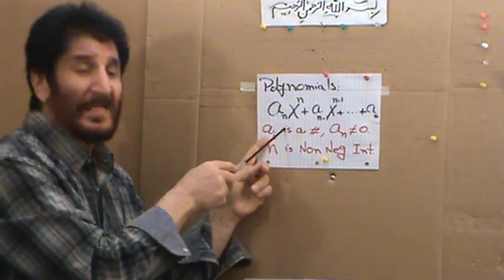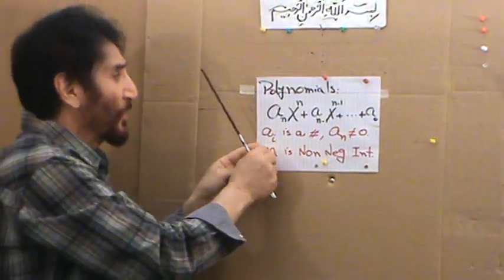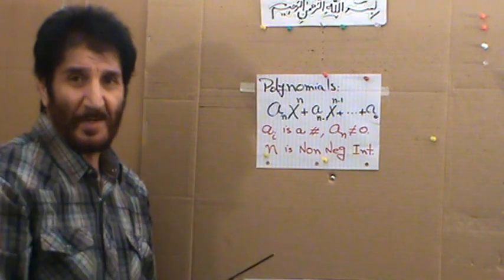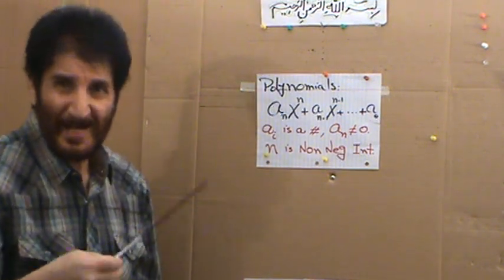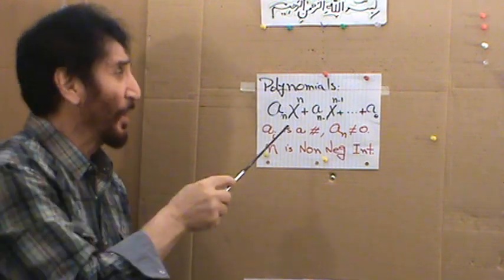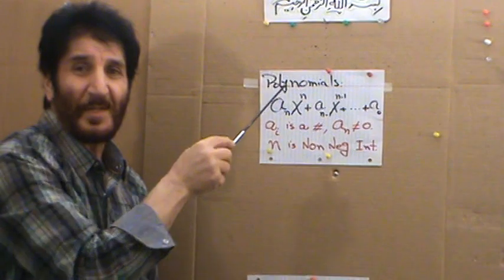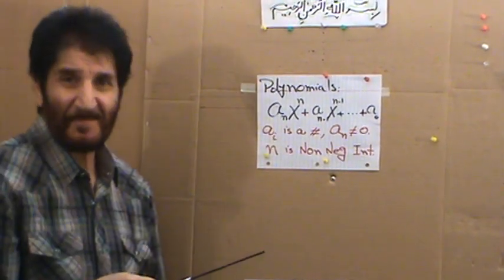Since addition is commutative, there is no need to write them like that, because we can flip them over. But it is good practice and better discipline to write them in descending order as far as the power of x is concerned.